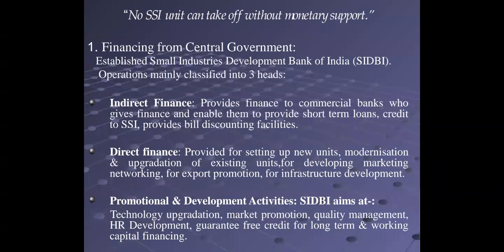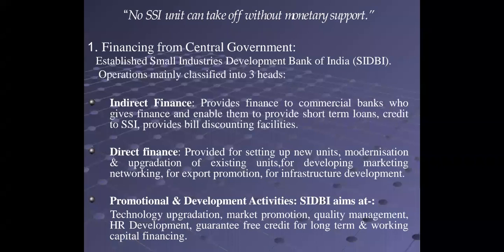The first kind of small scale industry support: SSI units cannot take off without monetary support. So first is getting monetary support from different institutions, like financing from the central government.